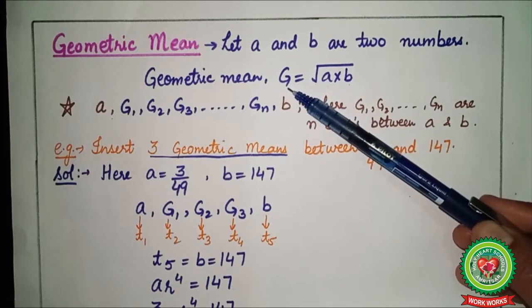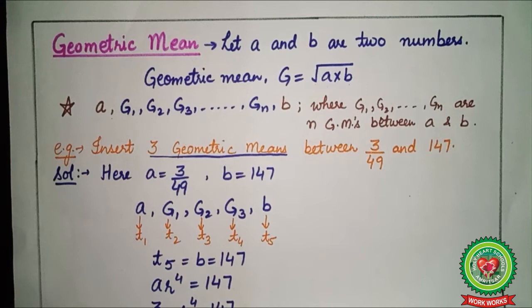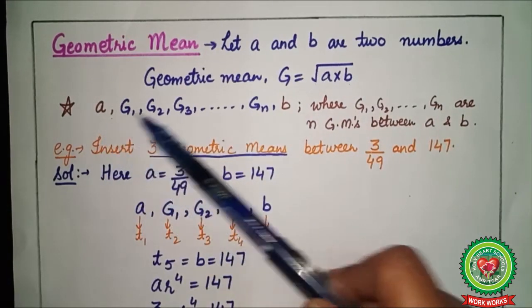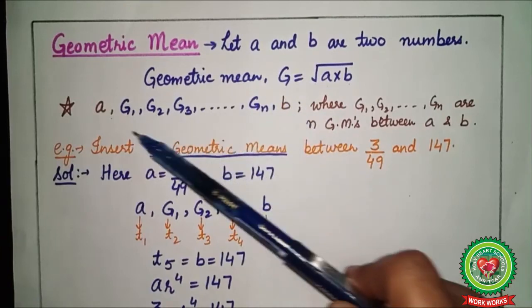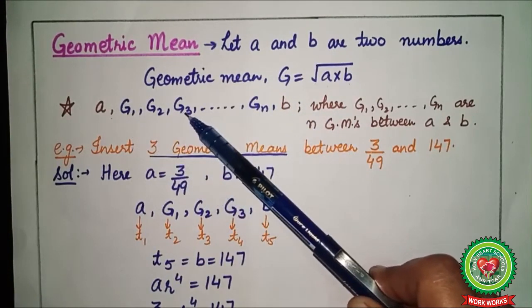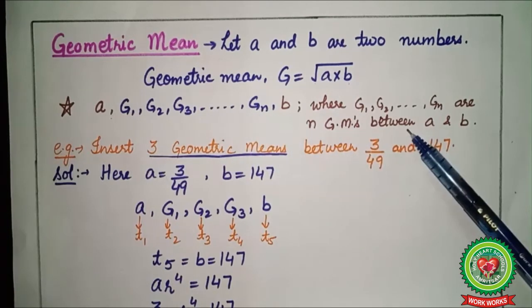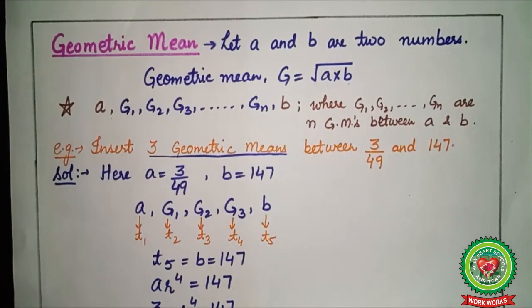Then we get the geometric mean of two numbers. Now we can find many geometric means between any two given numbers. For example, A and B are the given numbers and G1, G2, G3 and so on up to Gn are the n geometric means between A and B.